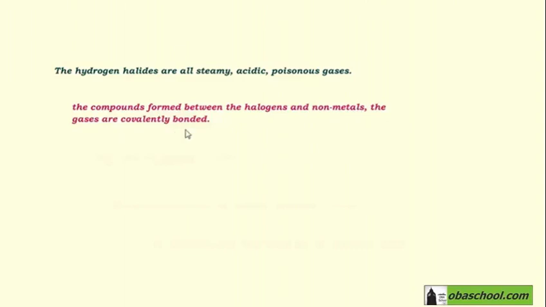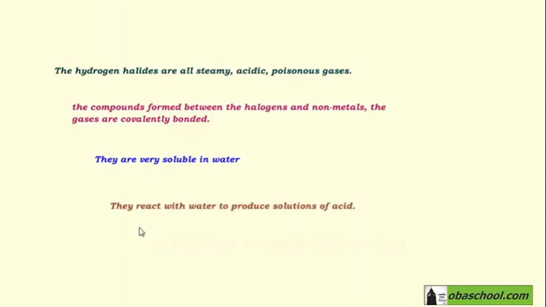The gases are covalently bonded. They are very soluble in water. They dissolve in water. They react with water to produce solutions of acid. These hydrogen halides react with water to produce acidic solutions.